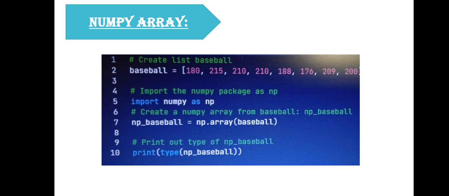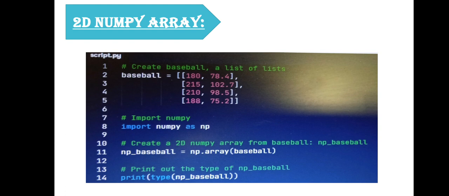Then create a NumPy array from baseball, np underscore baseball, then print out the type of np baseball. In 2D NumPy array, first step create baseball as a list of lists, then import NumPy, then create a 2D NumPy array from baseball, np baseball, then print out the type of np baseball.